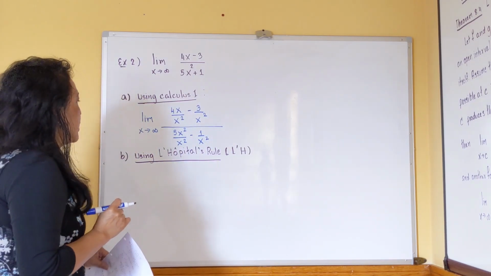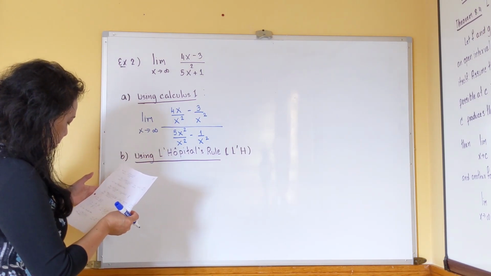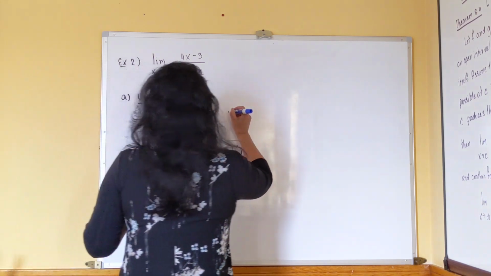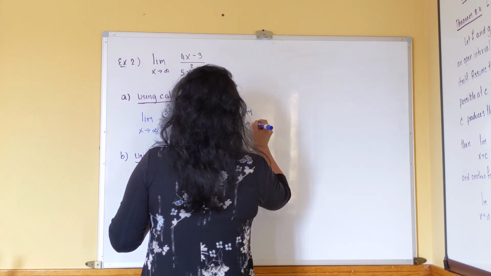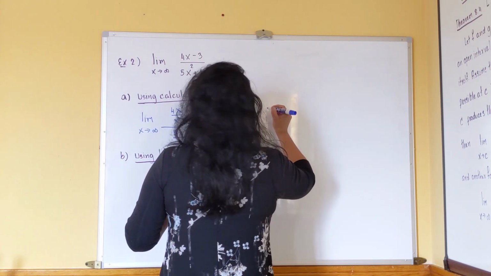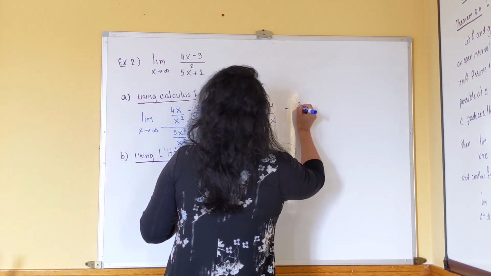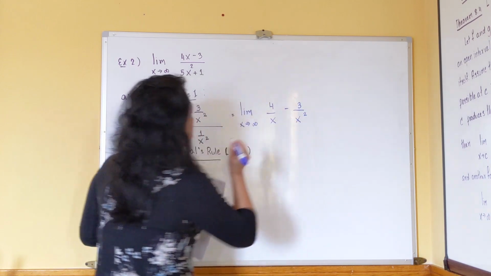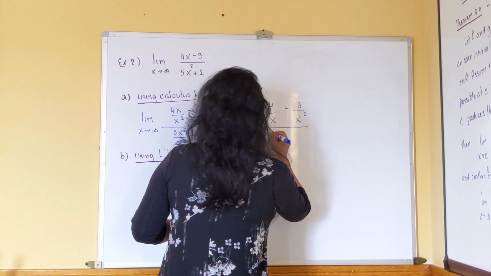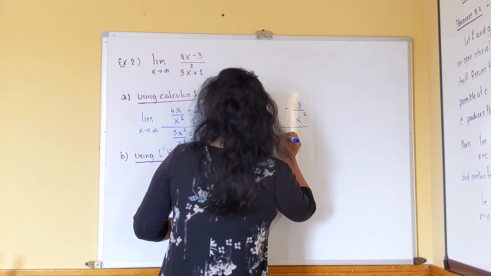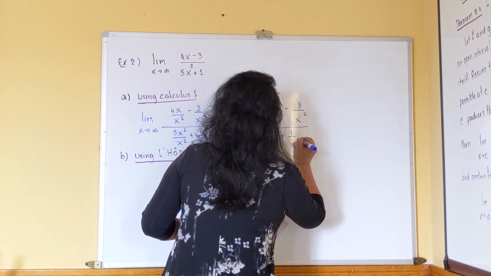Let me simplify this. Then I have limit as x approaches infinity of 4 over x minus 3 over x squared for the numerator. For the denominator, I would have 5 plus 1 over x squared.